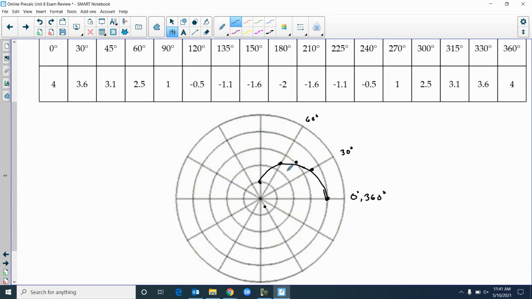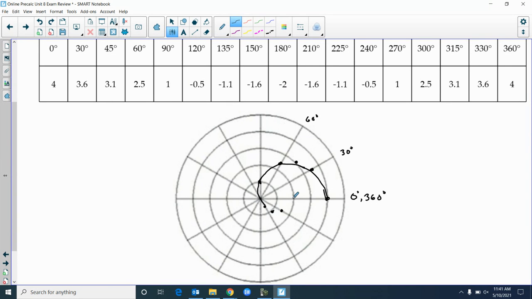Once it gets to 90, it goes to 120 at negative 0.5. It'll go a little bit here, but it has to go through 0 to get to that point. 135 is negative 1.1. So go to 135, go through there, negative 1.1 would be here. 150 would be back here.